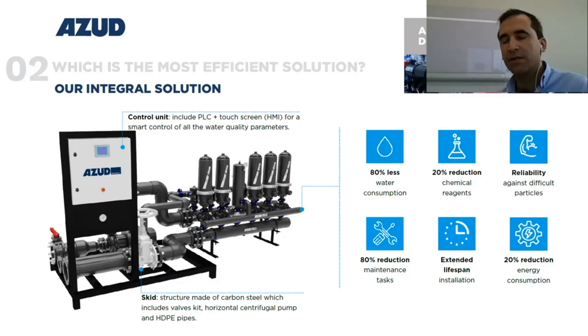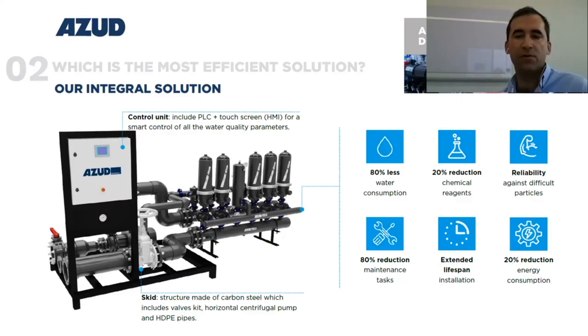Also, in disc filtration solutions, we have this exclusive air-assisted backflush that helps the efficient cleaning of the media, and also has 80% less water consumption than traditional backflush for disc, and even more for other technologies.